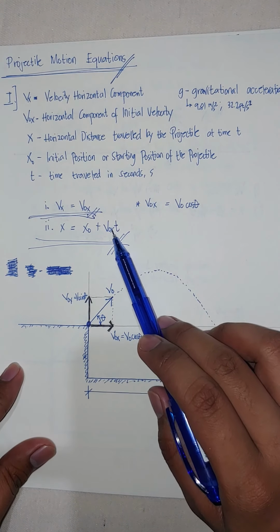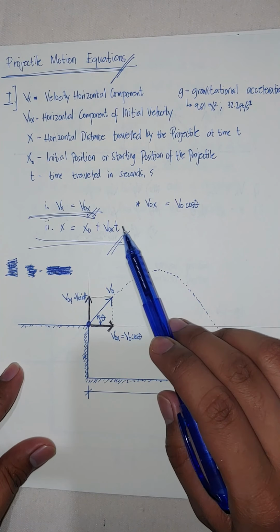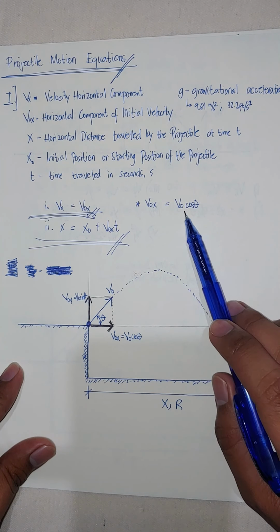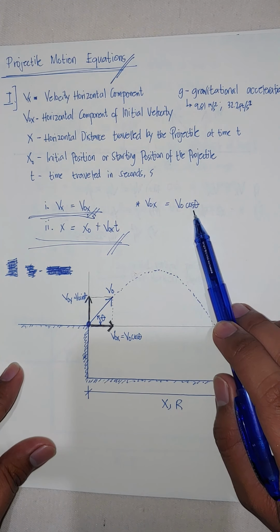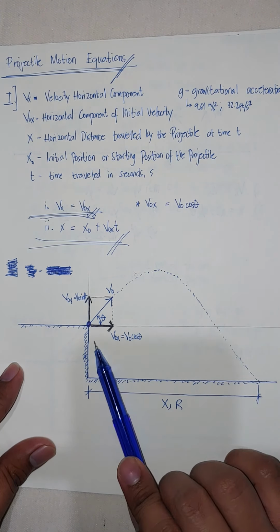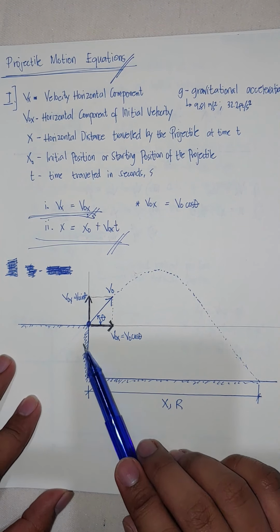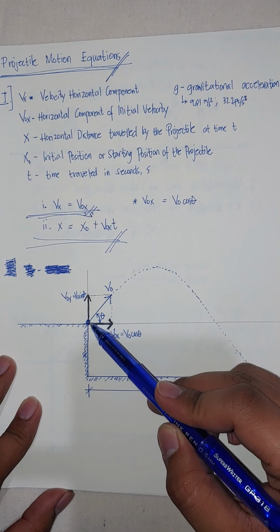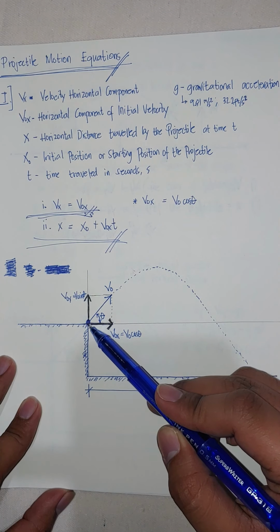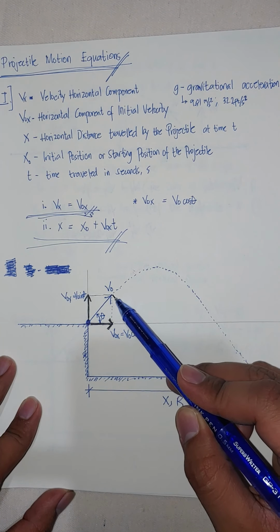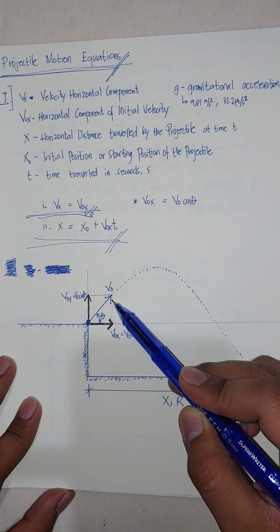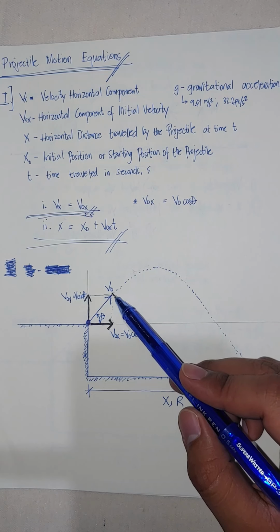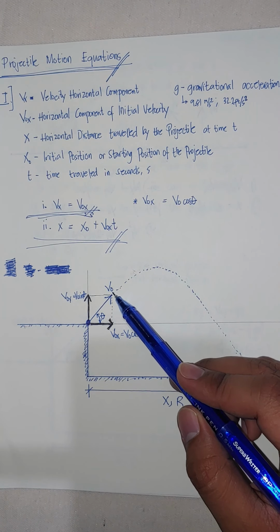So if you wonder what the horizontal component of the velocity is, this one, the Vox, it is just equal to the initial velocity times cosine theta. As you can see in the sample here in the projectile trajectory, this direction is the direction of the initial velocity. The initial velocity has two components.